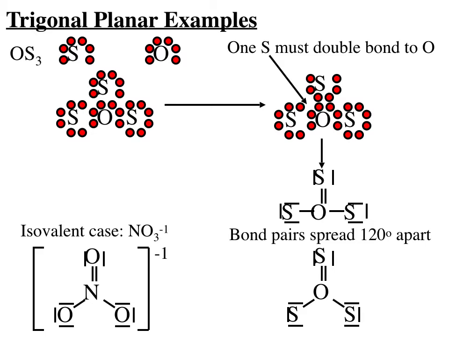So the bond pairs in the nitrate polyatomic anion VSEPR picture are going to distribute themselves exactly like the bond pairs in oxygen trisulfide. So nitrate is a trigonal planar anion as demonstrated in the picture.